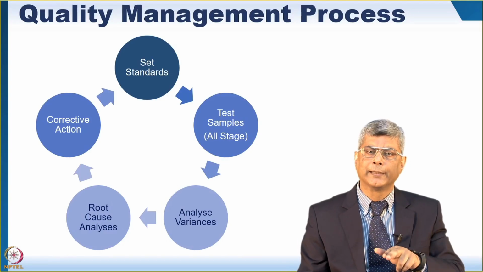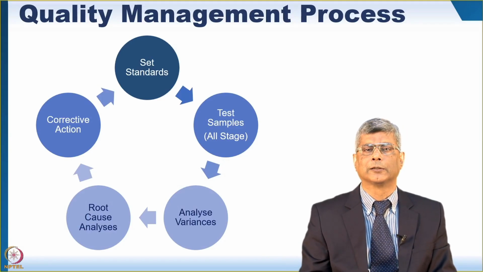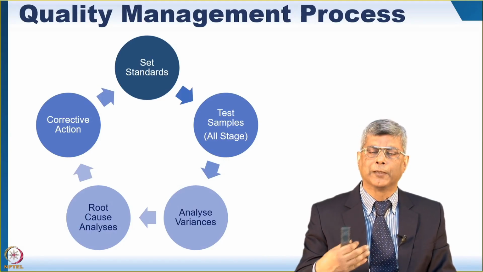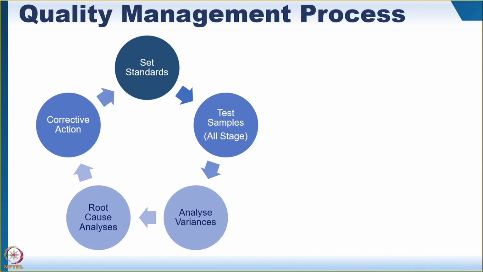And that 1% of customers who are unhappy can actually destroy the product because they will be complaining about the product. And others will also feel uncertain as to how good the product is. And therefore, quality management is a key component.